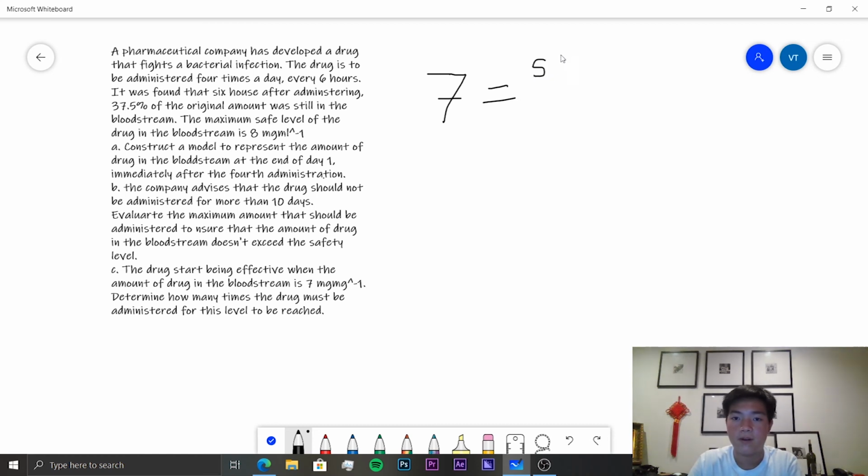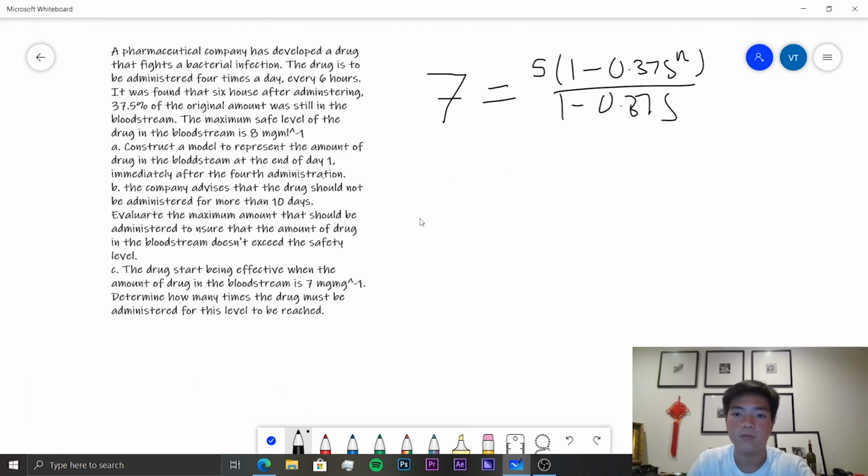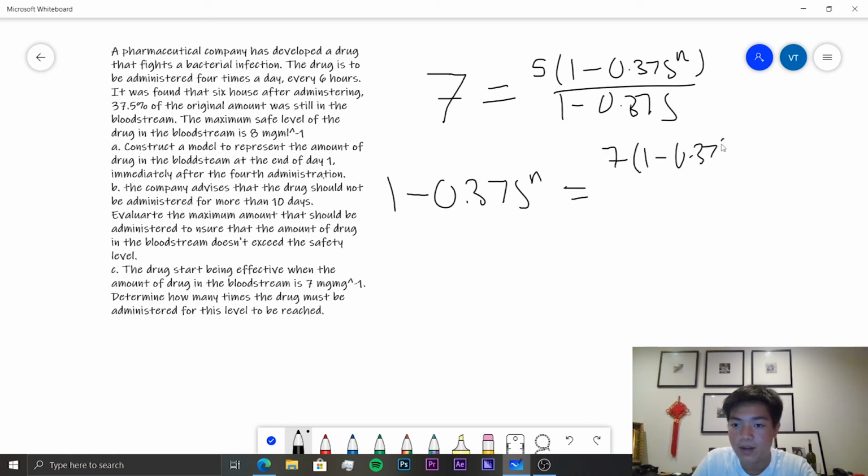The initial dosage is 5. And it's 1 minus 0.375 to the n, divided by 1 minus 0.375. And so we know that 1 minus 0.375 to the n is equal to 7 times 1 minus 0.375 divided by 5.